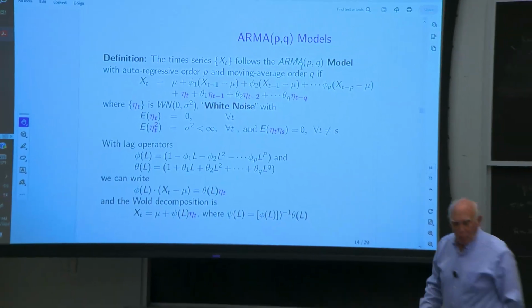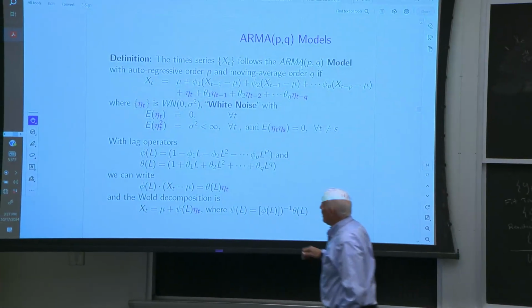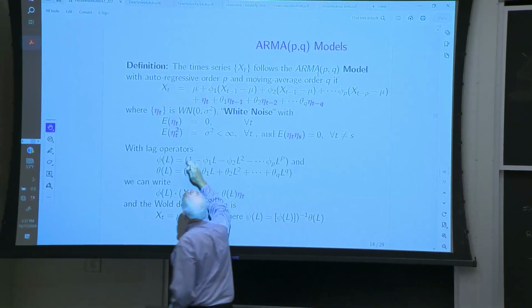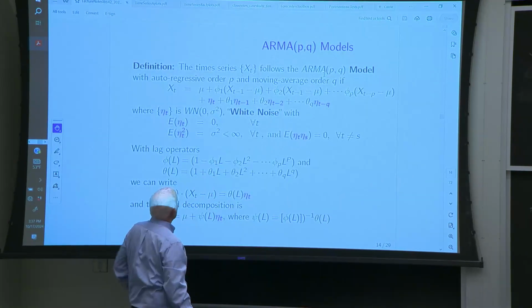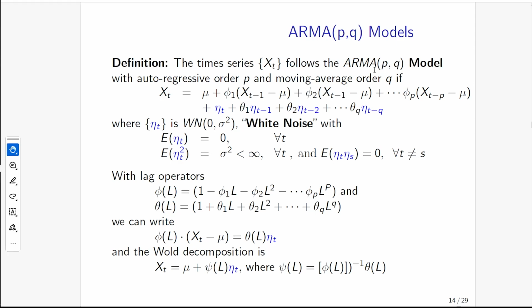And if we group all the terms with x's on the left-hand side and all the terms with the etas on the right-hand side, we then get phi of L operator times xt minus mu is equal to theta of L eta t.